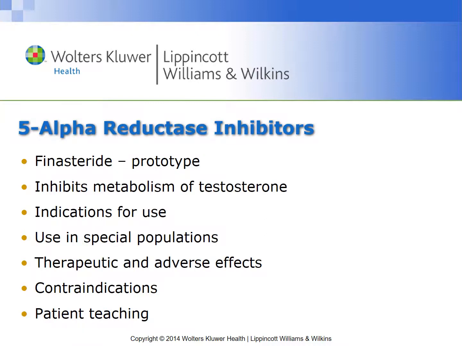So let's talk a minute about your finasteride. That is a prototype for this medication, and as with the special populations here, older adults are prone to hypotension and hypothermia, so we've got to do teaching and assessment about that, also caution in liver and renal impairment as well.